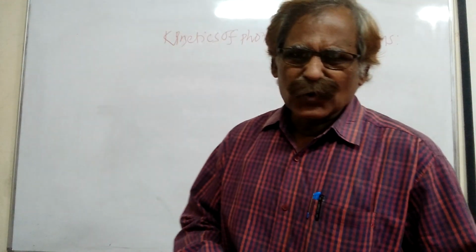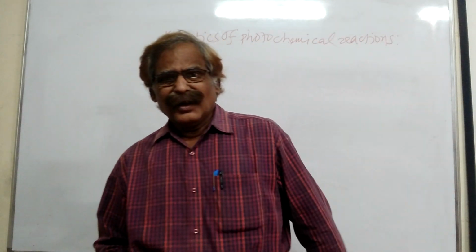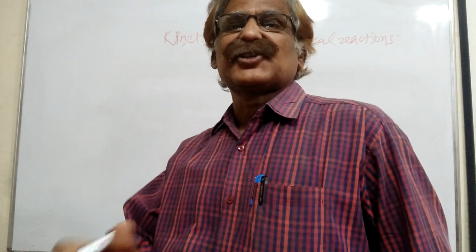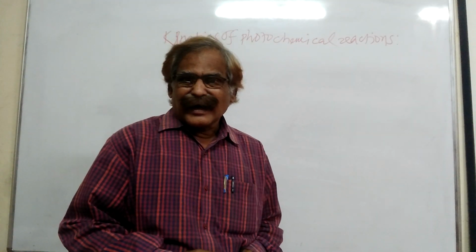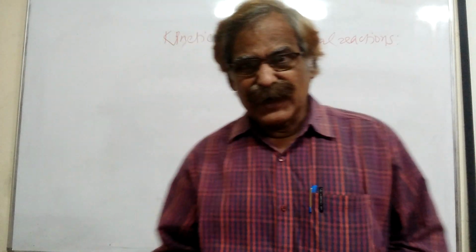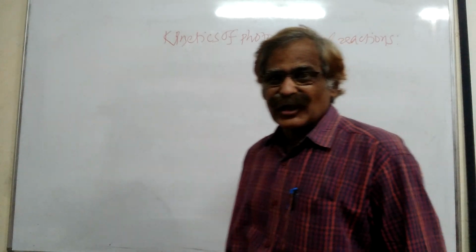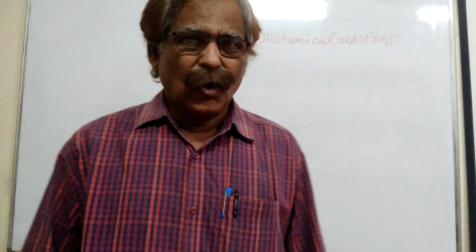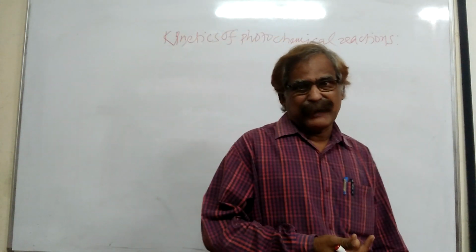When we want to study the kinetics of a photochemical reaction, we have to establish the relationship between the rate of the photochemical reaction and the intensity of the light absorbed.